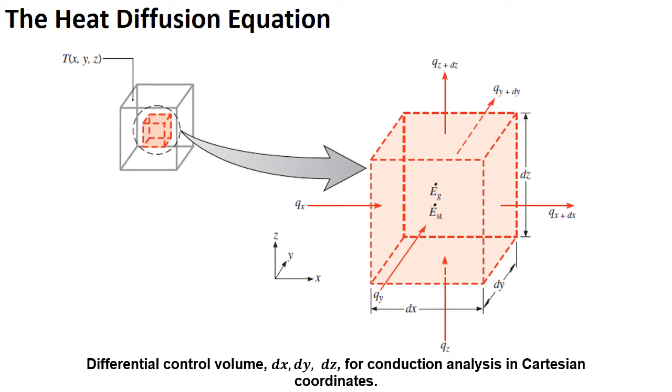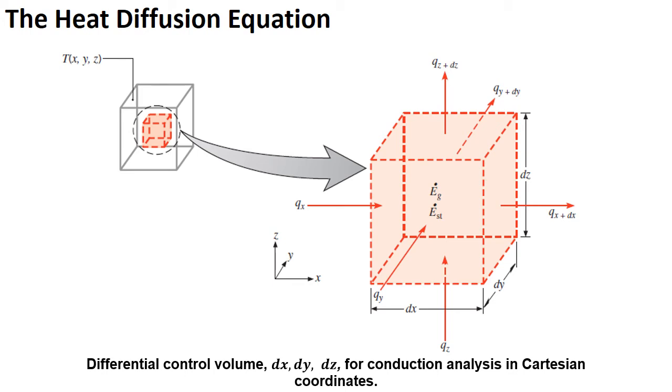Consider there is a heating element or heat generation element placed within the cube, and the amount of heat generated is given as Eg. The cube is made up of material which can store energy, and the amount of energy stored within the cube is Est.